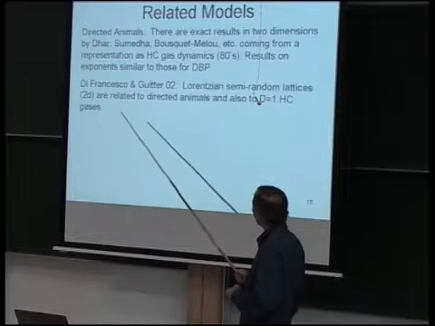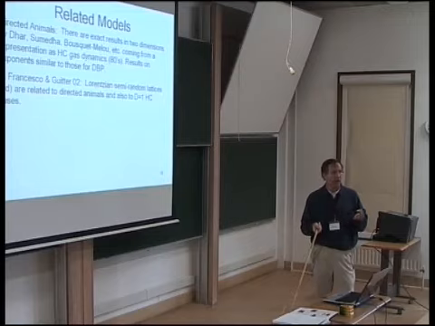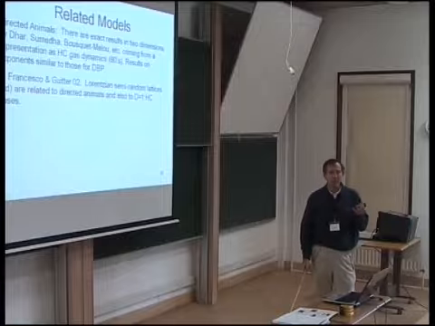Related problems, okay, very similar results have actually been obtained for directed animals. This goes back to the 80s. Dhar, I think, is the person who's most associated with these results, Dhar and Seneta, Bousquet-Mélou, et cetera. They basically, as I understand it, look at the dynamics of the hardcore gas, and that ends up looking like directed animals.